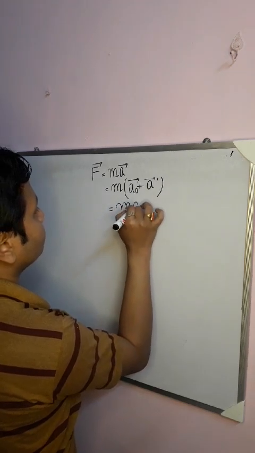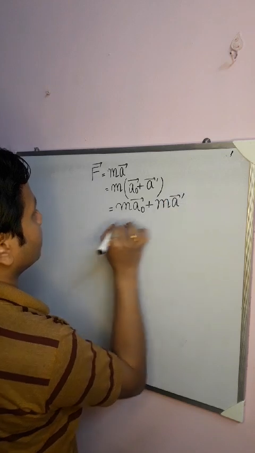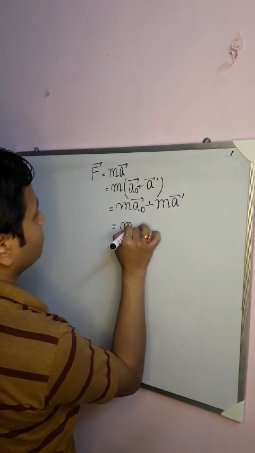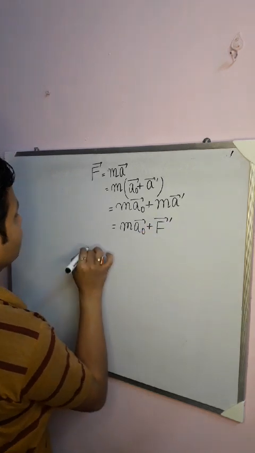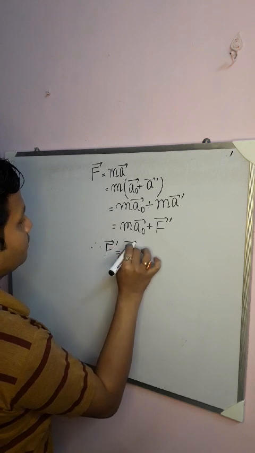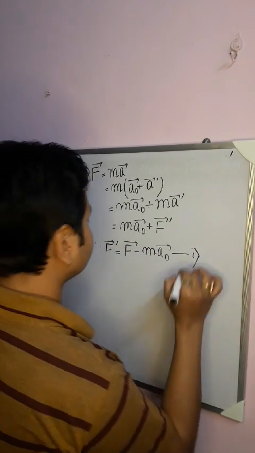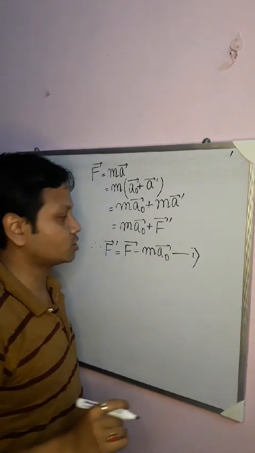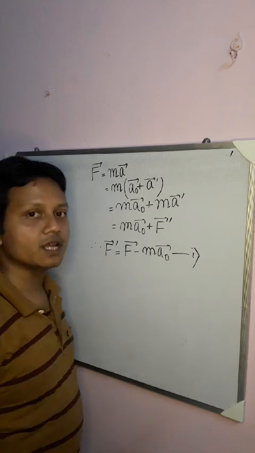So this is simply m a naught plus m a dash, which is m a naught plus F dash. So what is F dash? Simply F minus m a naught. F dash is the force acting on the particle relative to the S dash frame.